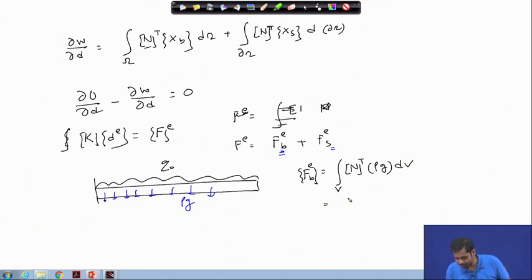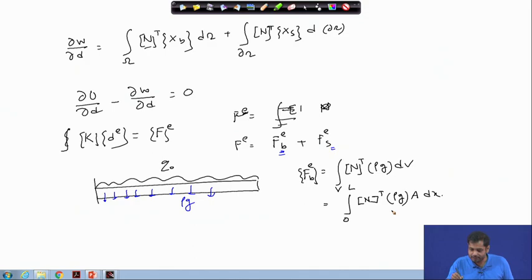This integration can be written again, if the cross section is uniform, as integration over length 0 to L of N transpose rho g, and then A into dx. We can take A outside.